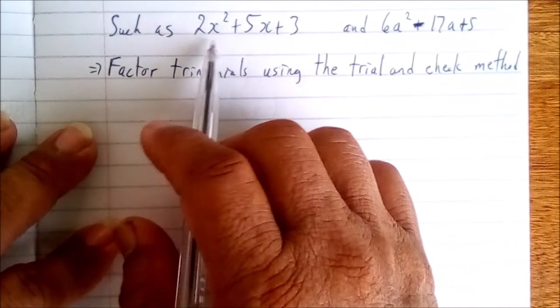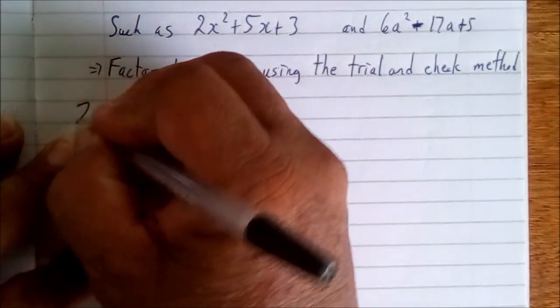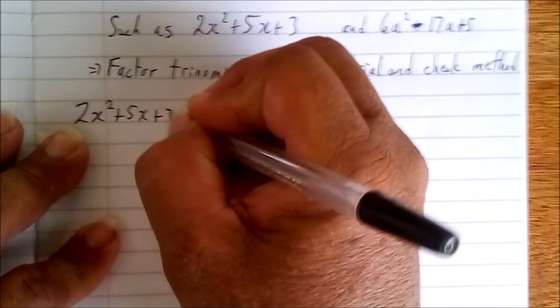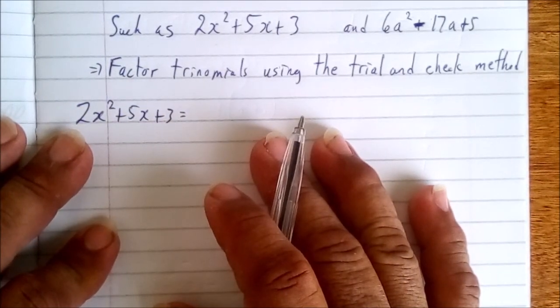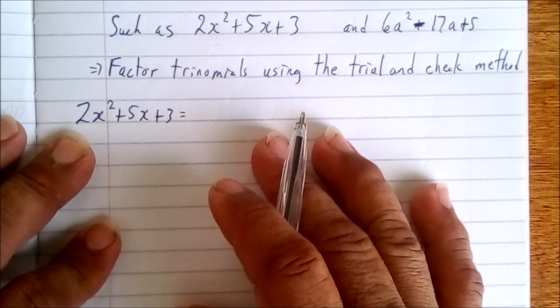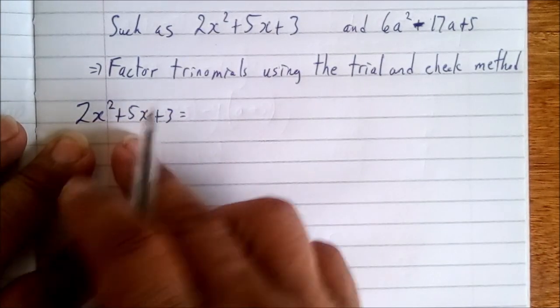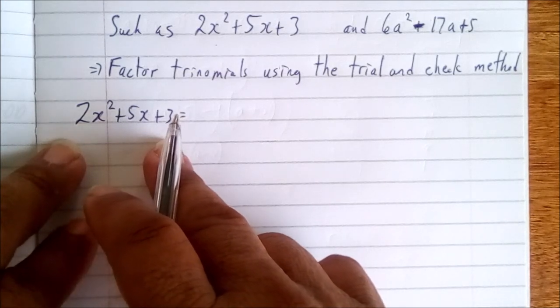So when I look at this trinomial, let me write it here, and I have 2x squared plus 5x plus 3. Let us work this out and see what our solution is. When I factor this out, I will get a particular value.